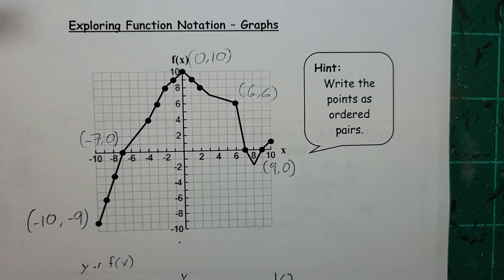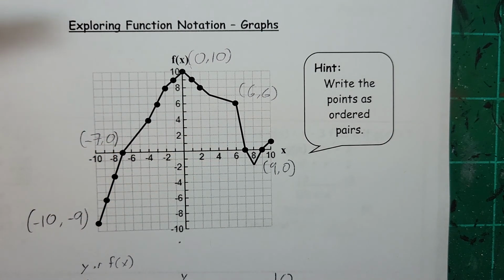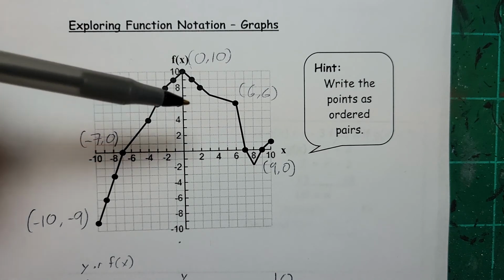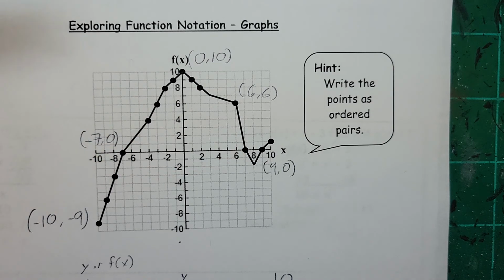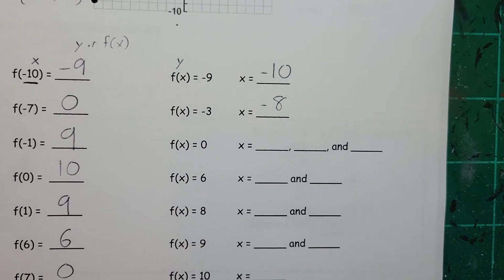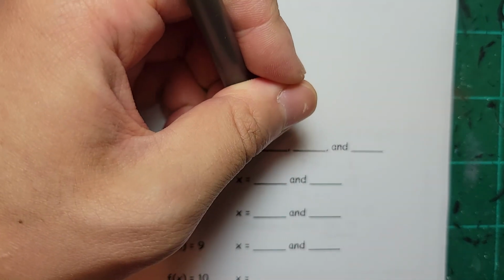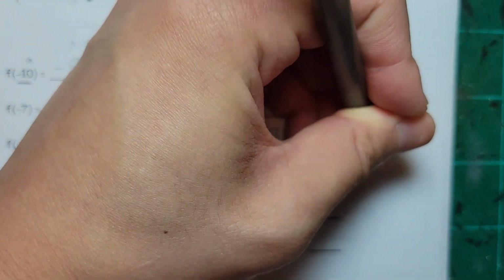So when y equals 0, right here, right there, and right there, we can find our x value. So we have -7. Here I did not label it, but that's 7, 0. And here we have 9, 0. So when y equals 0, x equals -7, 7, and 9.